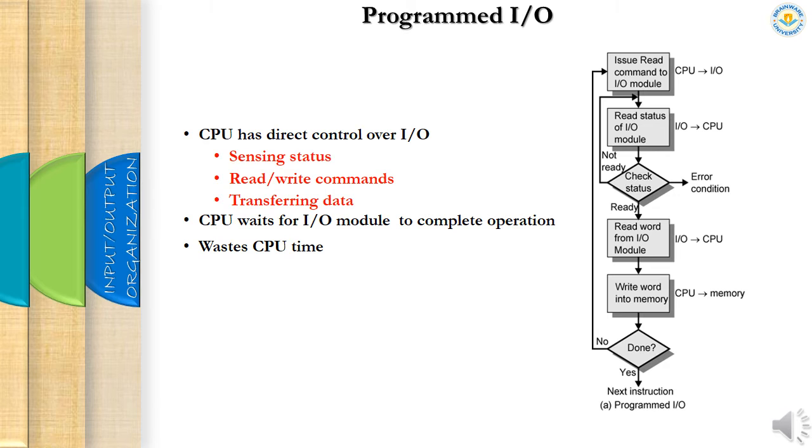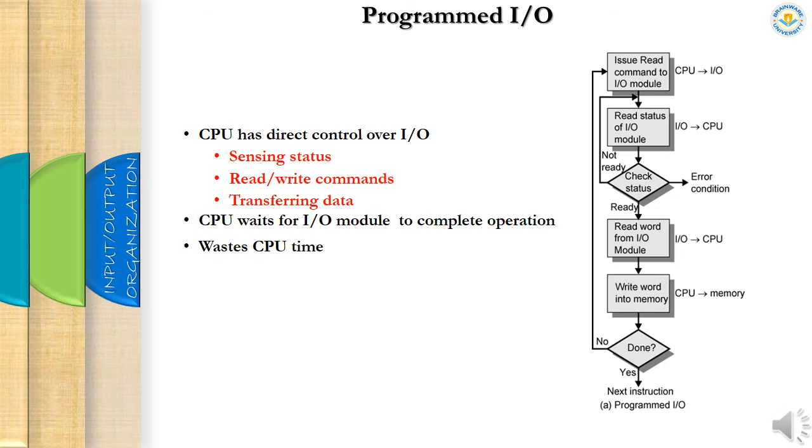The device places a byte of data into the I/O bus when available and enables its data valid line or DVL. The interface accepts the byte into its data register and enables its data accept line. A flag bit is then set in its status by the interface. This is the common procedure of programmed I/O.